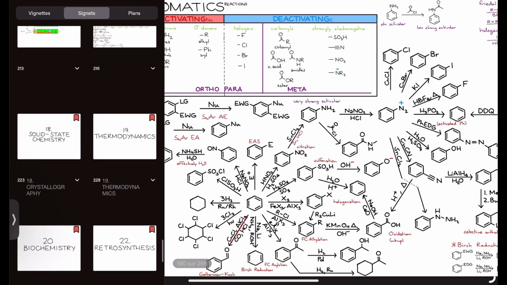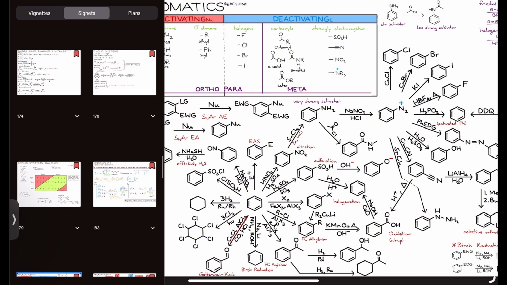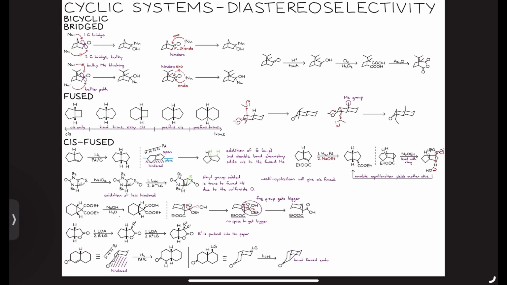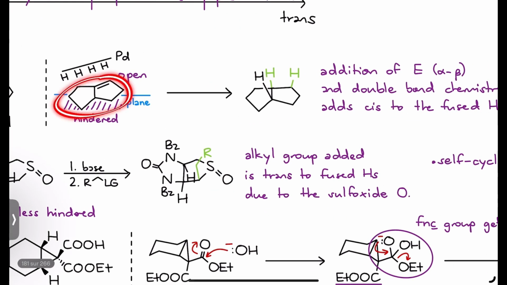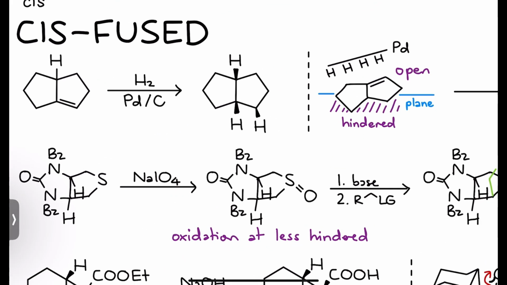Let me find what I noted down in here. Cyclic system. Fused ring. Where is it? As you can see, here it is. This is some kind of a five-membered ring that is fused.